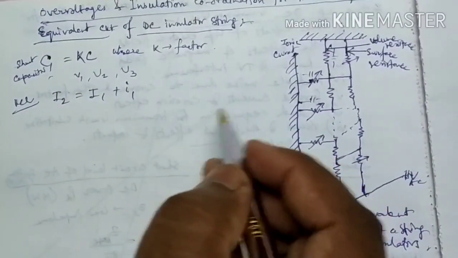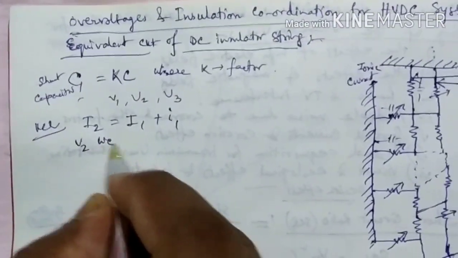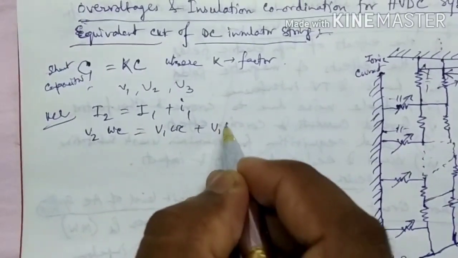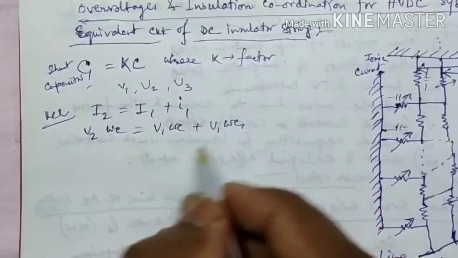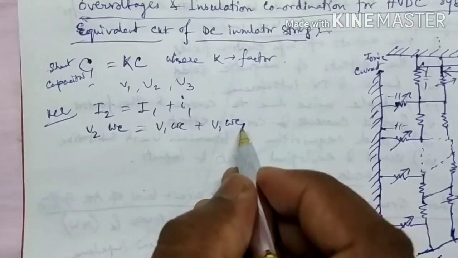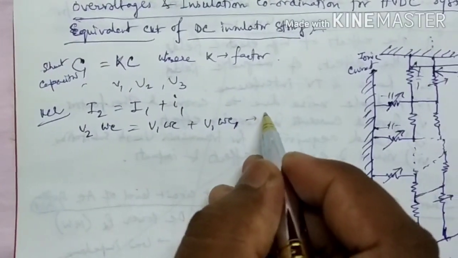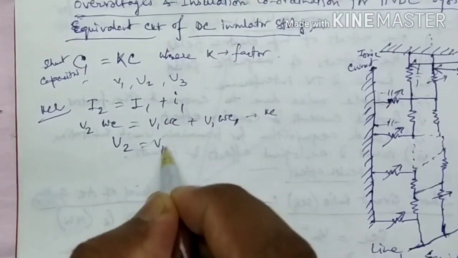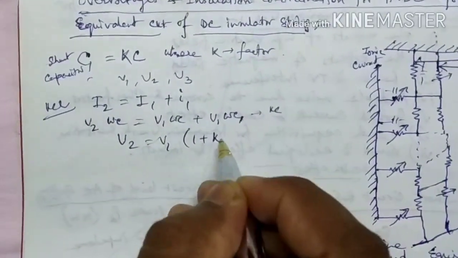So that will be V2 omega C equal to V1 omega C plus V1 omega C1. Solve this, replace C1 by Kc, that will be V2 equal to V1 (1 plus K).